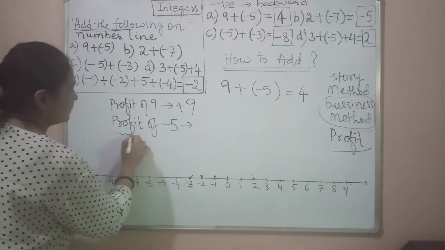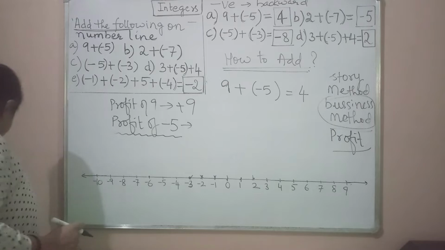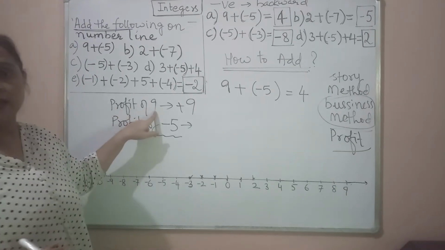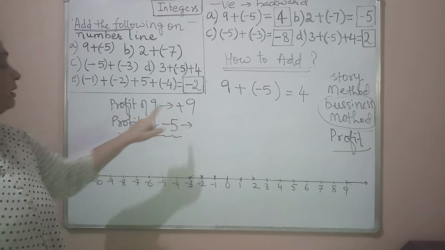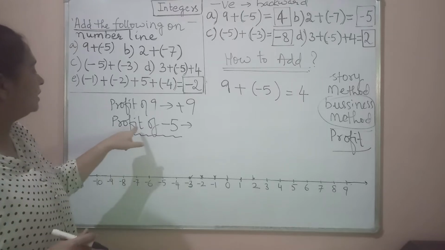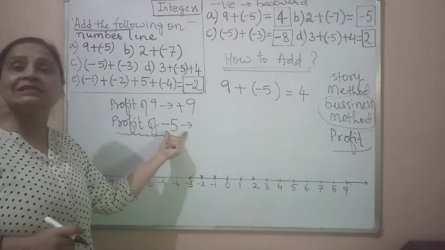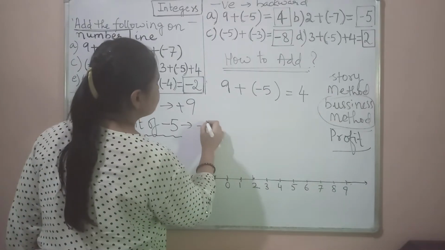Suppose somebody says I earned a profit of rupees 9, it means we will write plus 9. On the other side, I earned a profit of rupees minus 5, it means we will write -5.